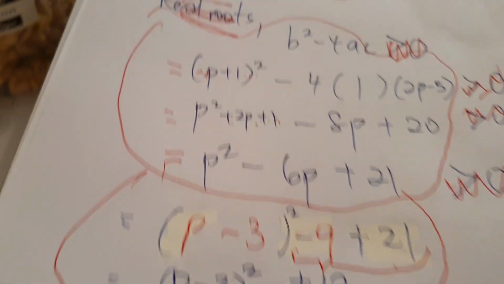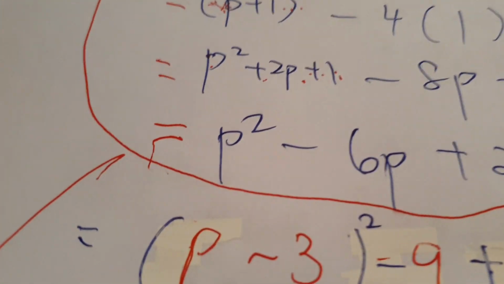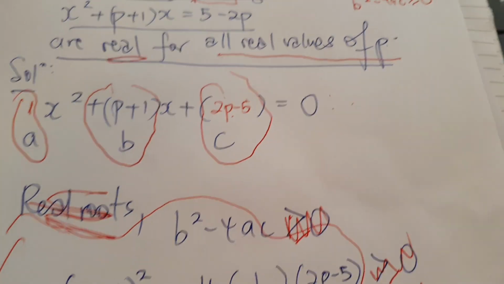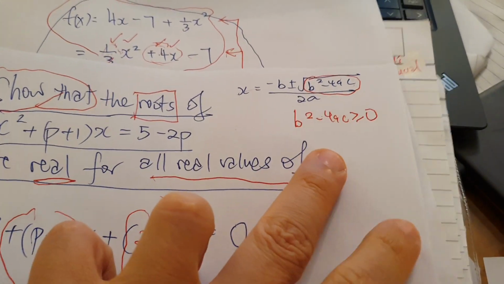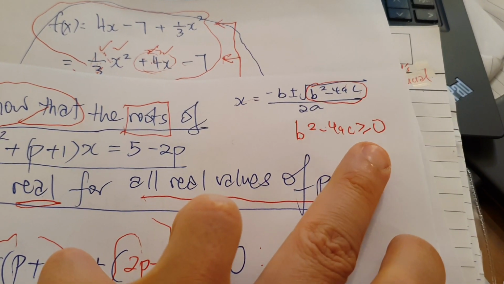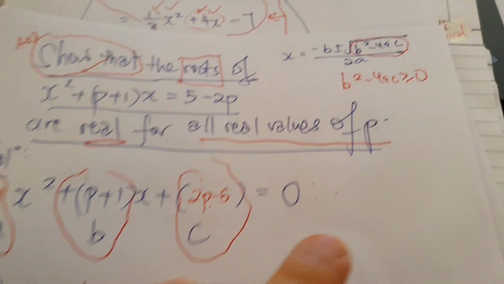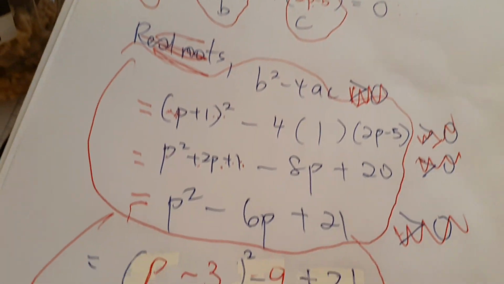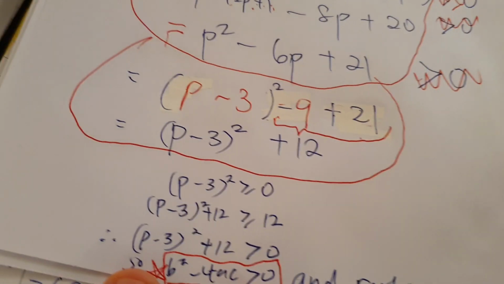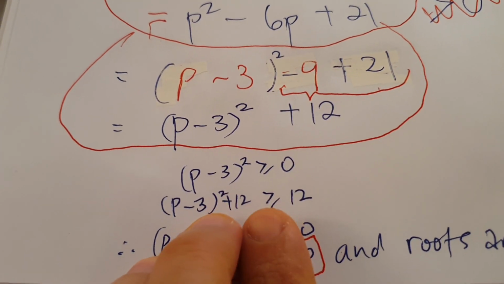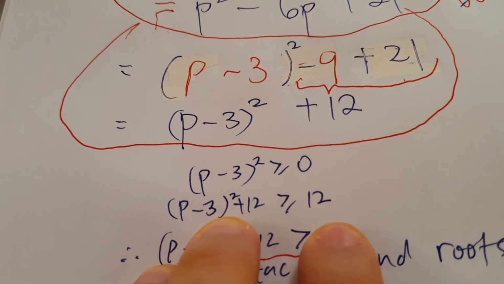Now, why do I say that this question is not well set? Because actually when we say real, as I explained earlier, it should be b square minus 4ac either greater or equal to 0. But if you see in this case, is it possible for this b square minus 4ac to be equal to 0?